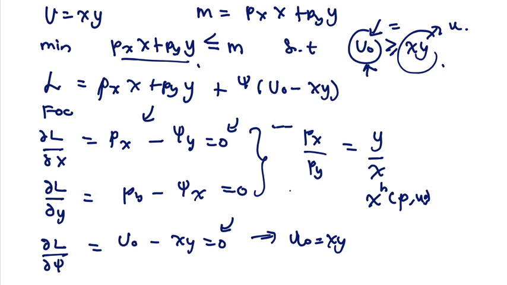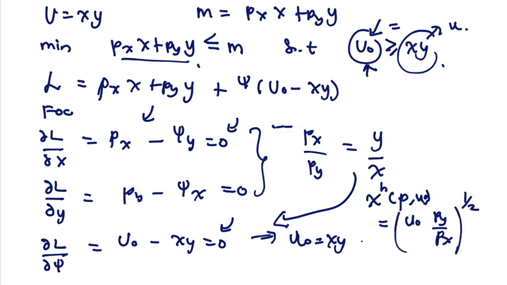Once you solve this first order condition problem and substitute it into this, you can get the Hicksian demand function for good x, which is equal to u naught py over px, the whole thing square root. Okay, and for good y, I don't have enough space, so I write it here.